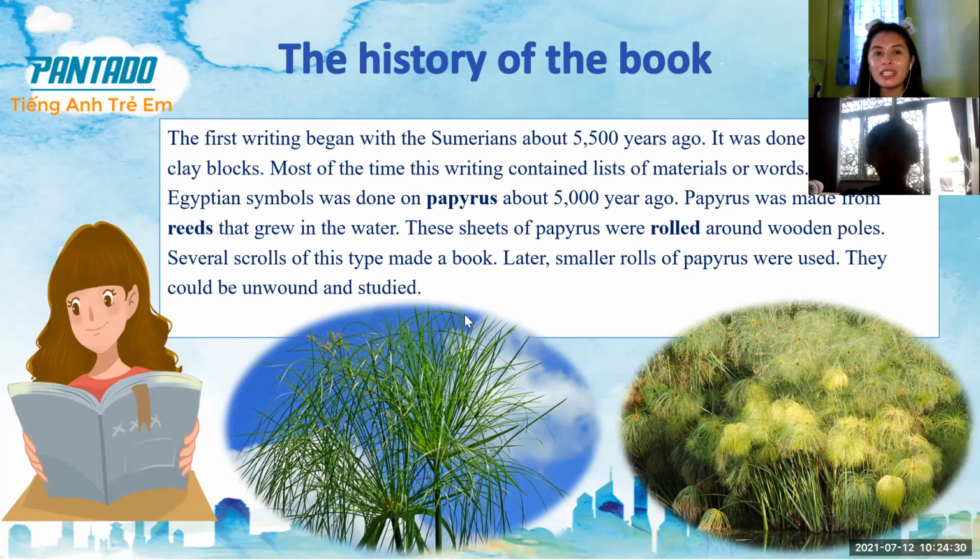That is the reeds that grow in water. They are using that one to form paper. They process it to form a paper so they can write there.